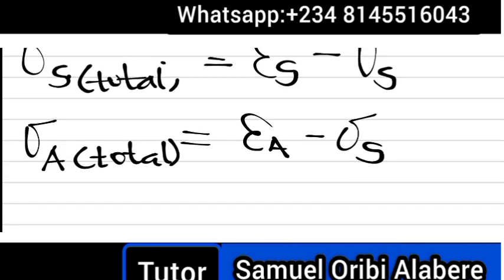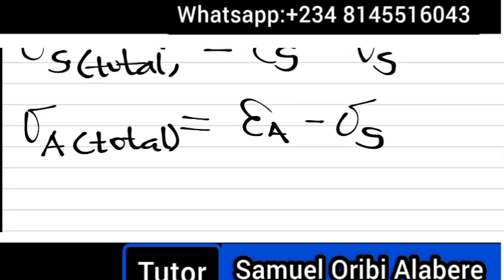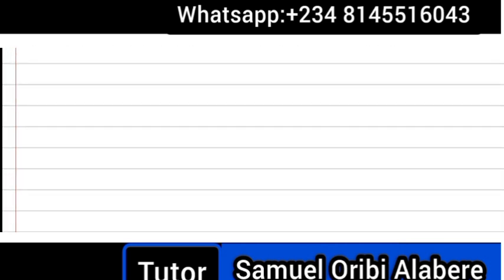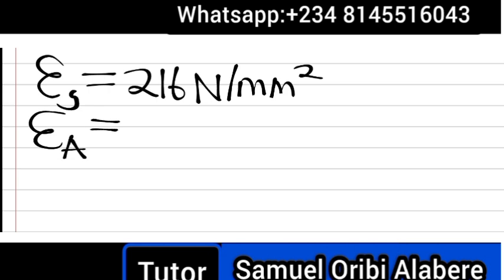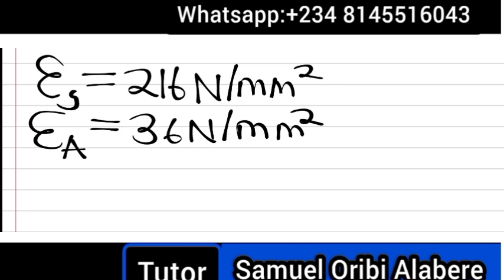We should take note of the following parameters in this formula. From this video we have gotten that our value of ES is equal to 216 Newton per millimeter square, and our value of EA will be equal to 36 Newton per millimeter square.